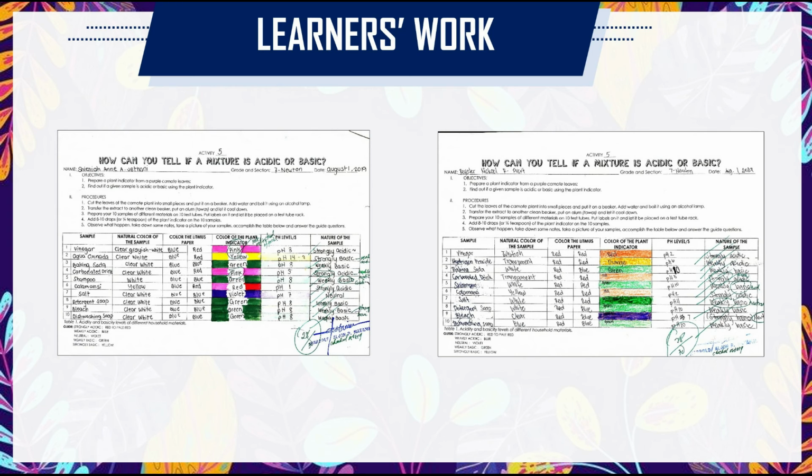They were able to test and investigate the nature and properties of acids and bases using the natural pH indicator. Analyzing the table showing the resulting colors, and identifying the approximate pH level using the pH chart helped them a lot in establishing their learning.